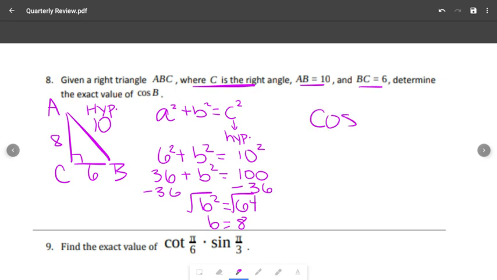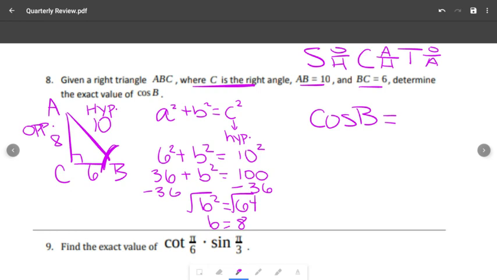We want to find cosine of B. So we are going to use SOHCAHTOA. Cosine of angle B. Opposite angle B is the 8, which means adjacent is the 6.